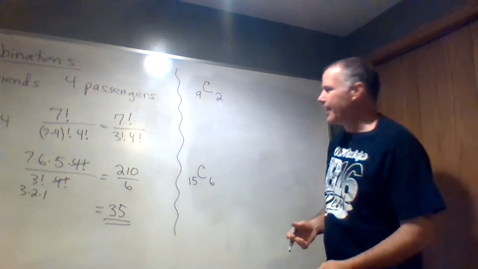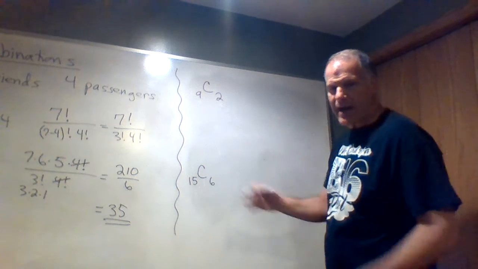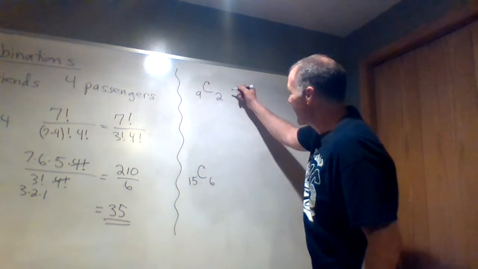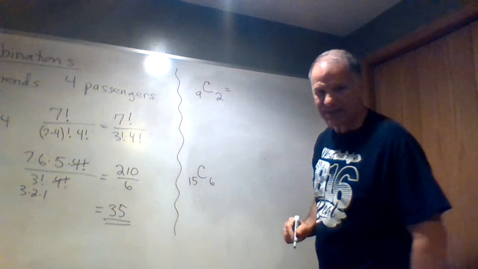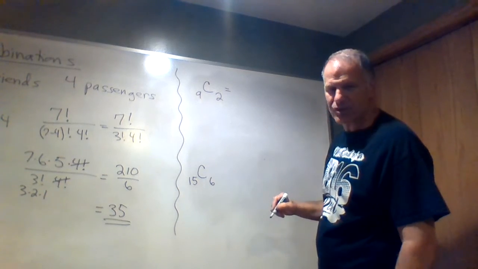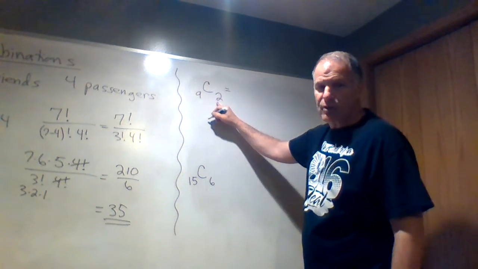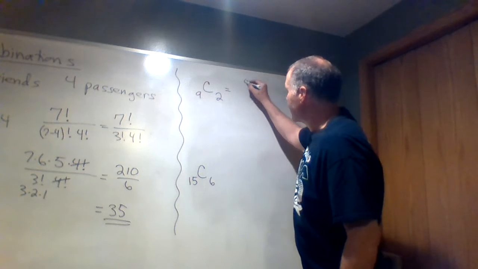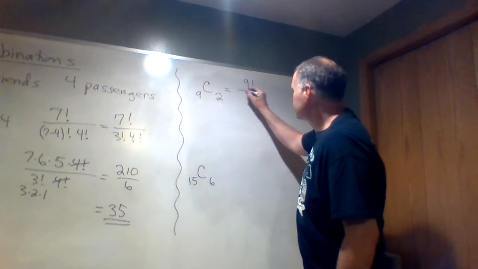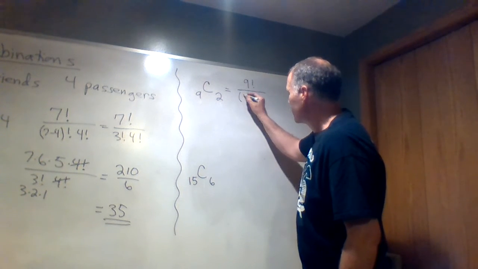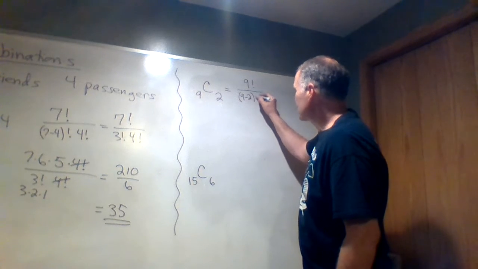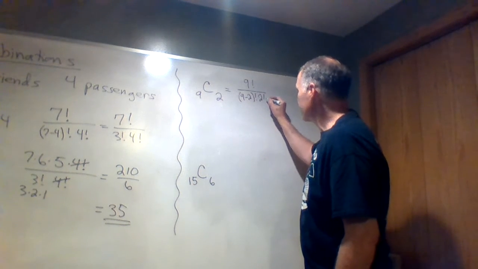And again, the order really doesn't matter, just grabbing stuff. We'll do some story problems next time. But again, 9 things taken 2 at a time. The order doesn't matter. So again, 9 factorial over 9 minus 2 factorial and 2 factorial.